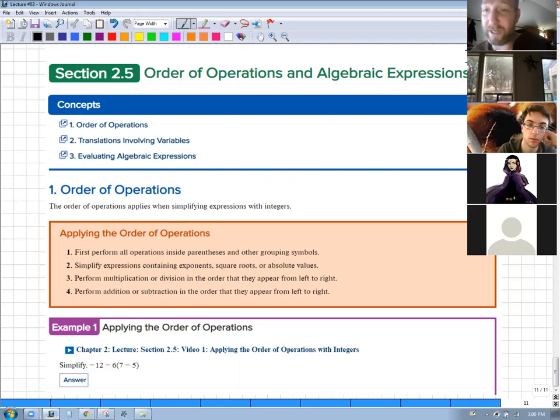Perform addition or subtraction in the order that they appear from left to right. This order of operations stuff, they're going to have you memorize all kinds of stuff. It's just a simple thing of doing a little bit of practice and you'll get a feel for it. It's something you have to practice and develop a feel for if you're going to be able to do it quickly.